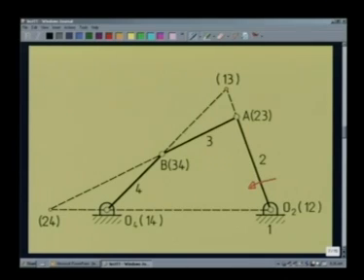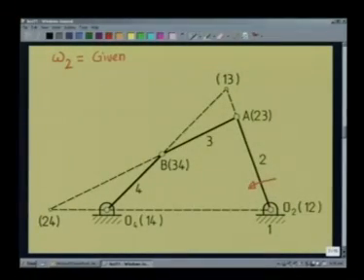That means the problem is input angular velocity omega 2 given, and our task is to determine the angular velocity of the other 2 moving links, say link number 3, that is the line AB, and link number 4, that is the line O4B.